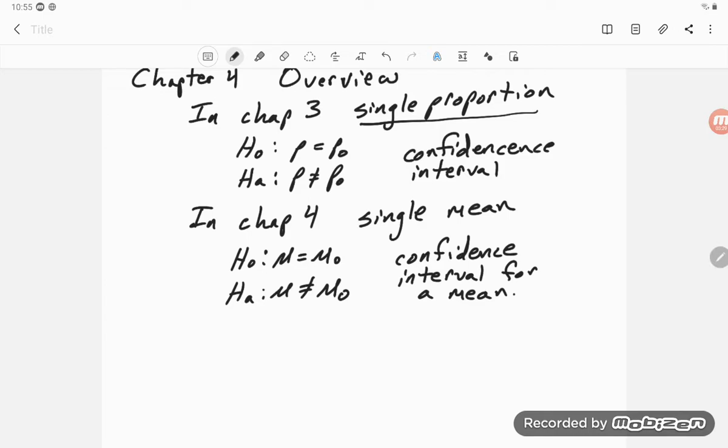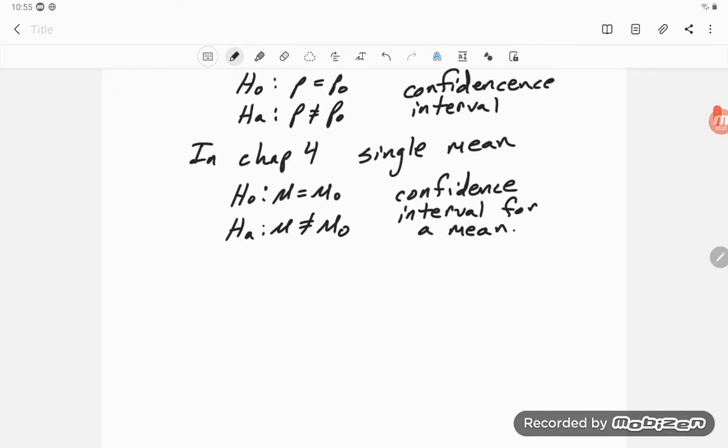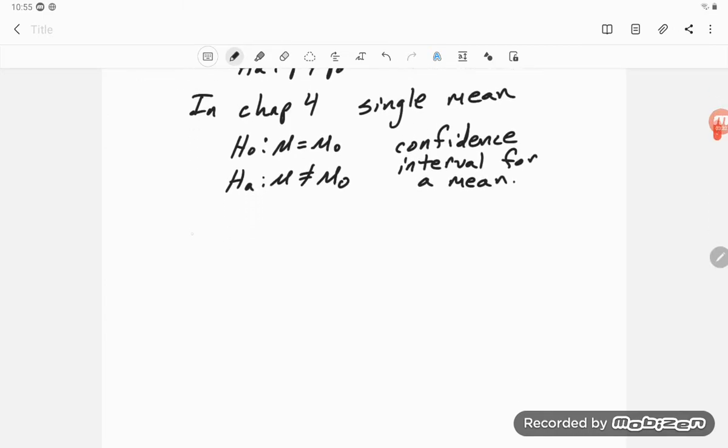And so that's how chapter 4 starts. And then, following in chapter 3, they went to looking at two variables based on proportions.